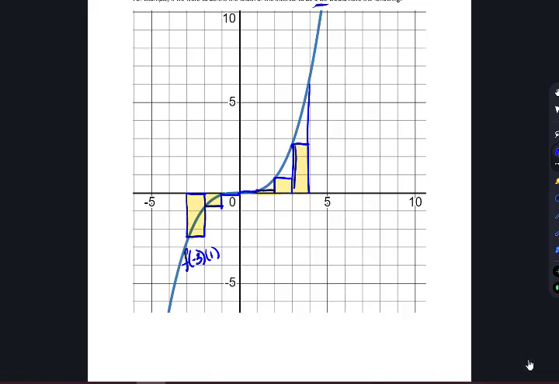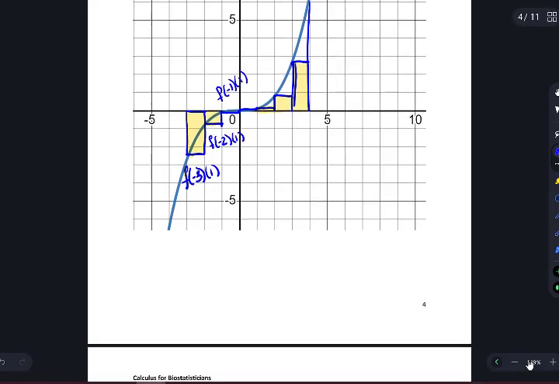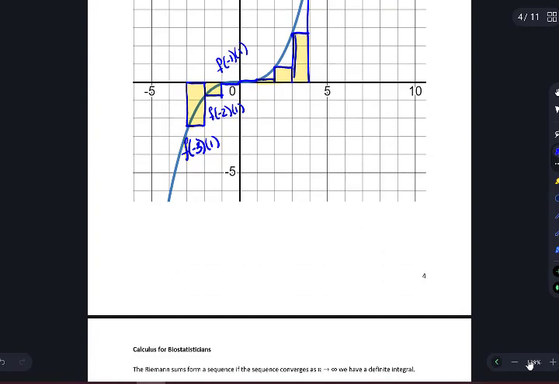The area for the second rectangle is given by my function evaluated at -2 with a width of 1. The area of this third rectangle is the function evaluated at -1 times 1. So notice for each of these I'm taking the height times the width of the rectangle to get that area. So this is how the Riemann sums are calculated.